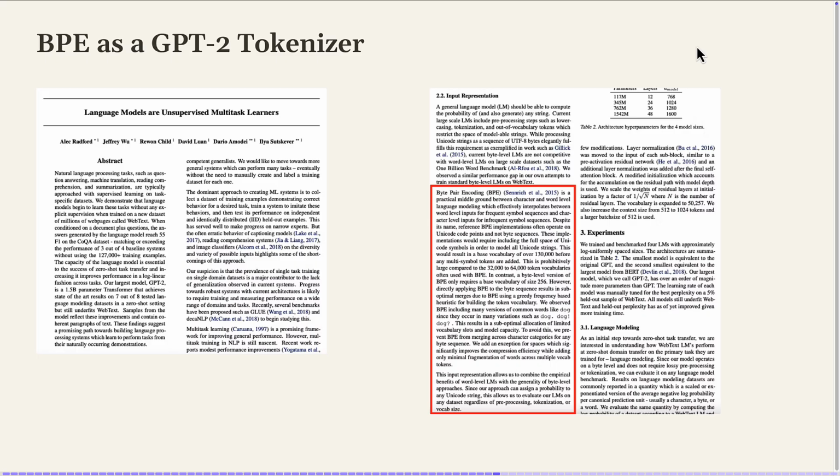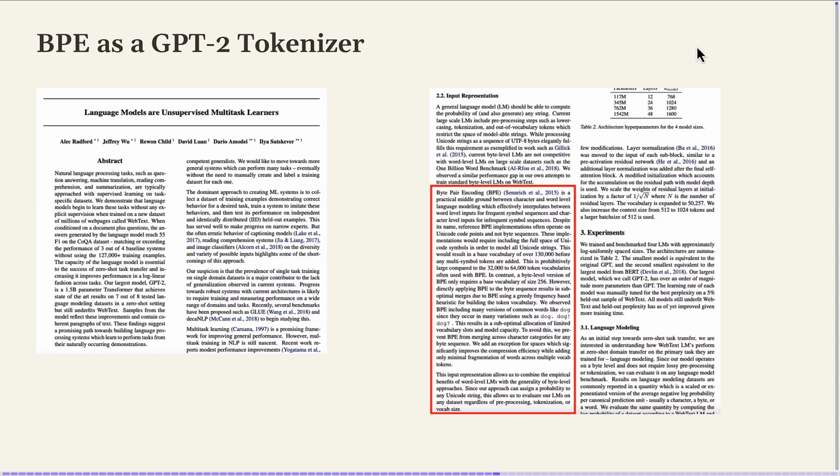So here BPE will be applied on byte level implementation, the same that we have introduced. And this implementation would require including the full space of Unicode symbols in order to model all Unicode strings. Here this would result in a base vocabulary of over 130,000 characters, the Unicode character schema, which is not efficient, before any multi-symbol token is added.